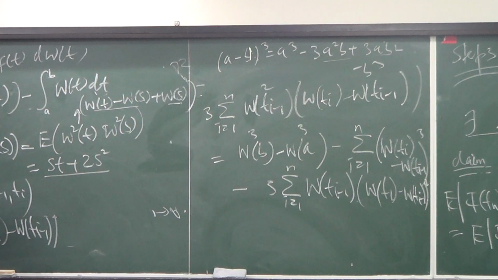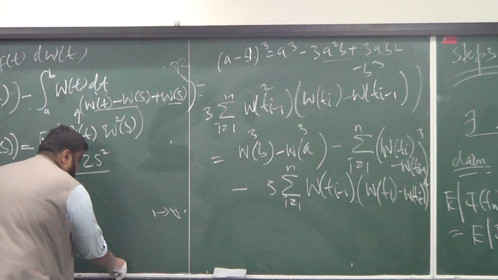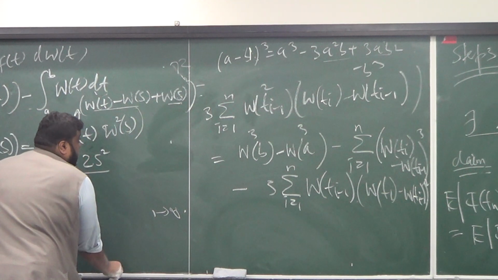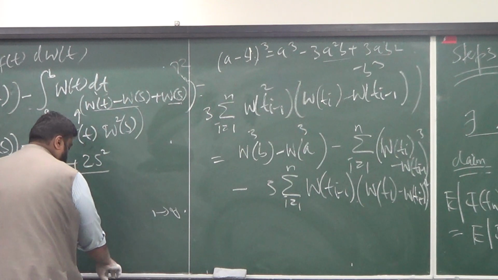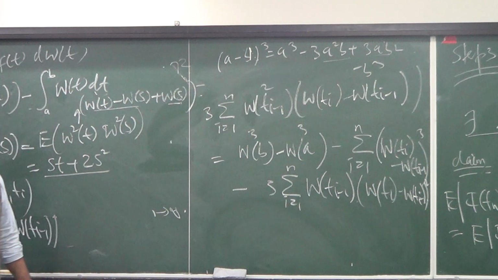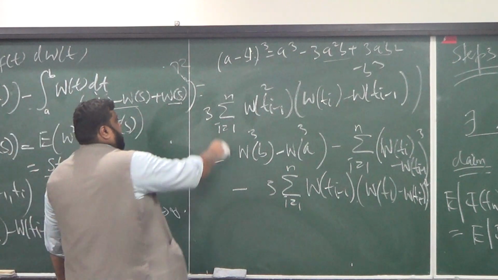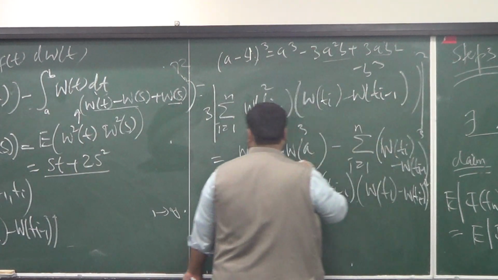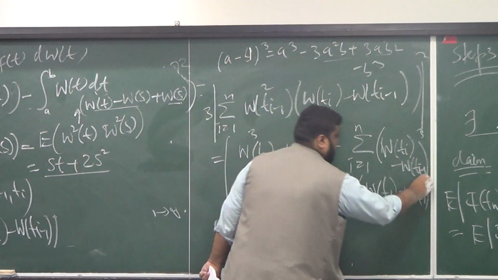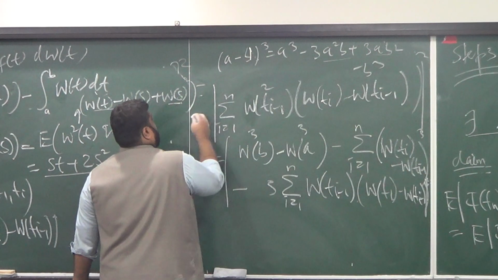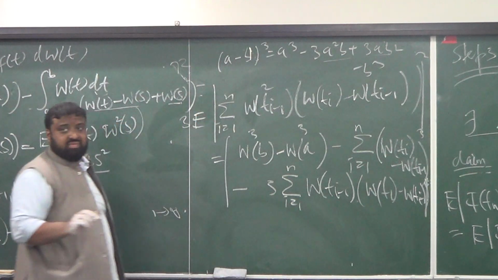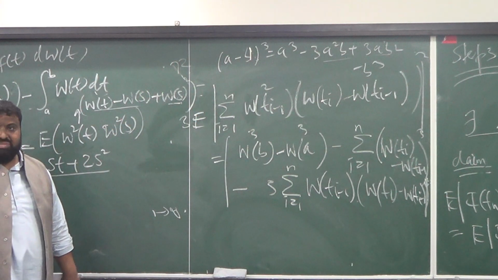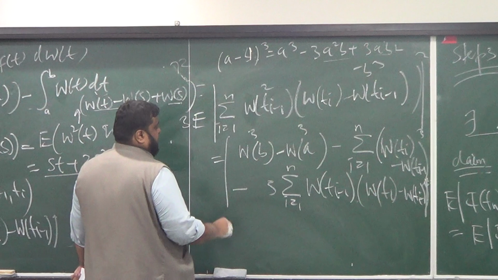What I would like to do, I'm not going into all the detail, this is something for you to do. Take the square of both sides and compute the expectation.